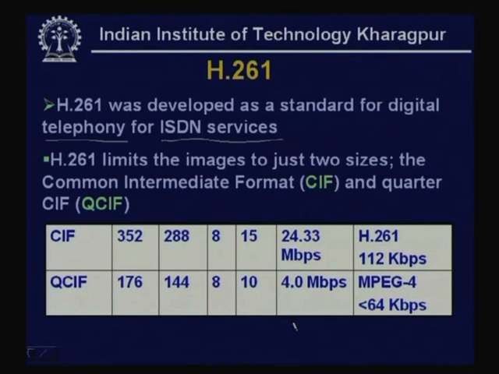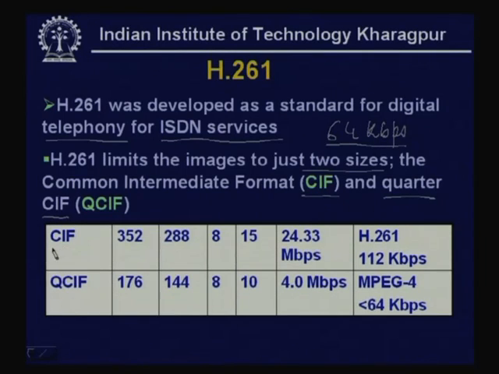As you have seen, in case of ISDN services, the rates are multiples of 64 kilobits per second, and that is why after compression it is essentially necessary to transmit at a rate lower than 64 kilobits or some multiple of it. So, H.261 limits the images to just two sizes. One is known as common intermediate format CIF and the other quarter intermediate format QCIF.